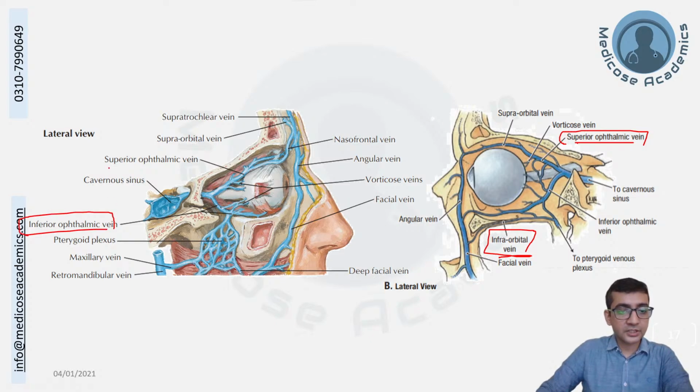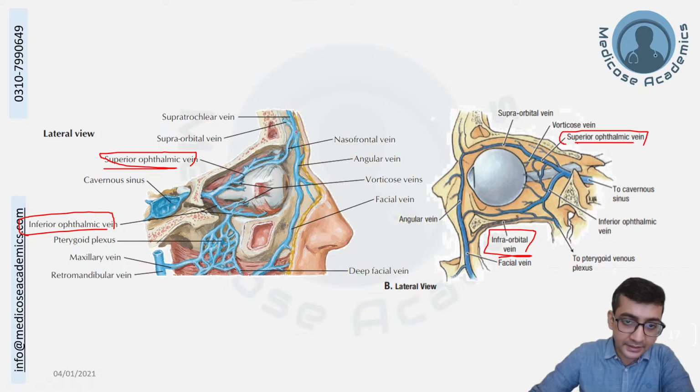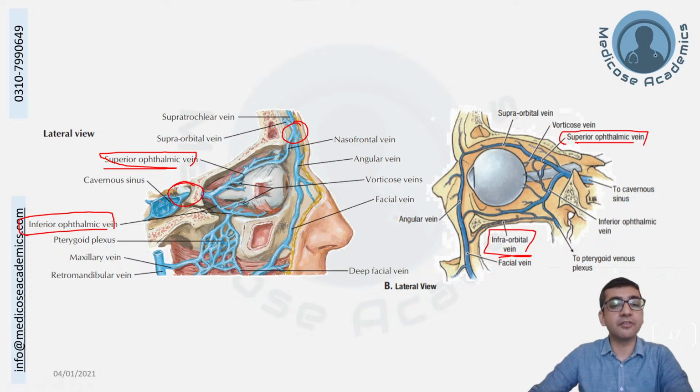Where do they go? The superior ophthalmic vein, anteriorly, joins with the facial vein, and posteriorly joins with the cavernous sinus. That is how the danger area of the face is connected to the cavernous sinus through the superior ophthalmic vein.